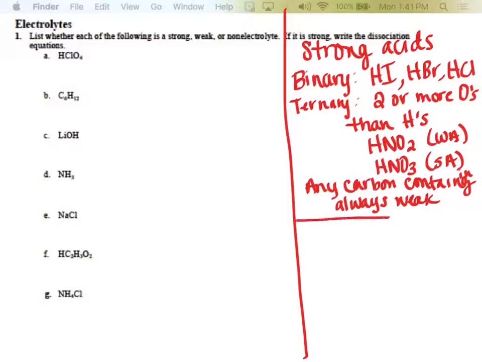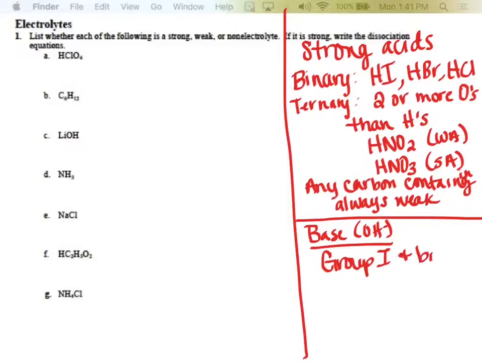All right, for the bases. Bases are our OH group. Does anybody remember what the strong bases are? It's anything in group 1, and the bottom of group 2.